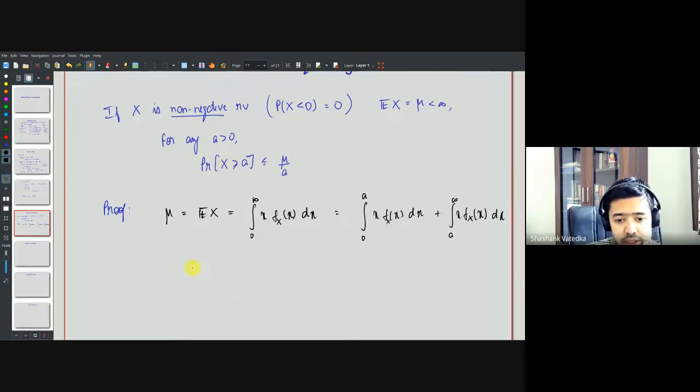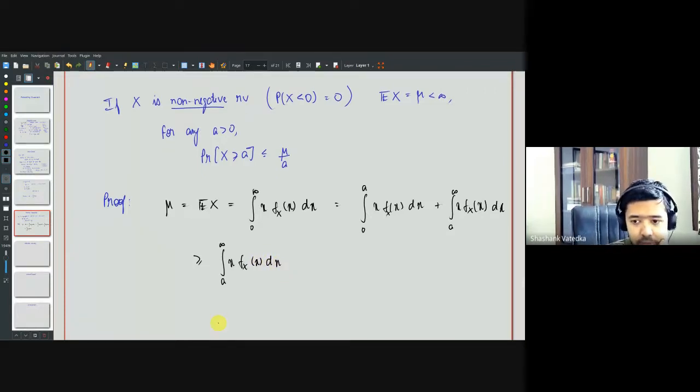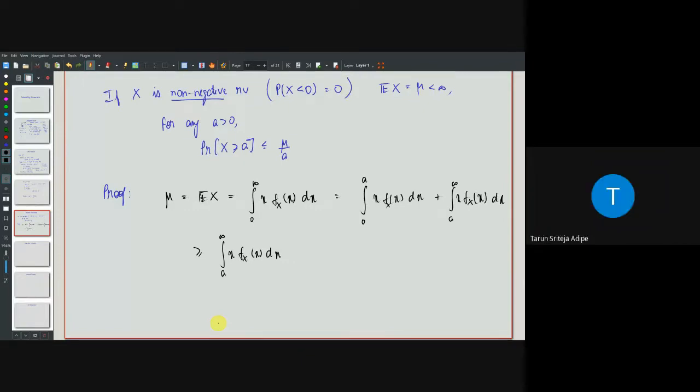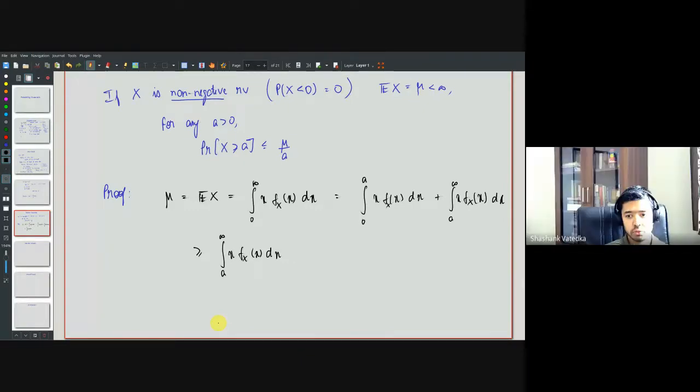Can I say that mu is greater than or equal to only the second term? Is this true? Yes, it's always true. You're integrating from 0 to a, so x is greater than or equal to 0, and fx of x is a probability density function, so it is always greater than or equal to 0. So this integral is greater than or equal to 0.